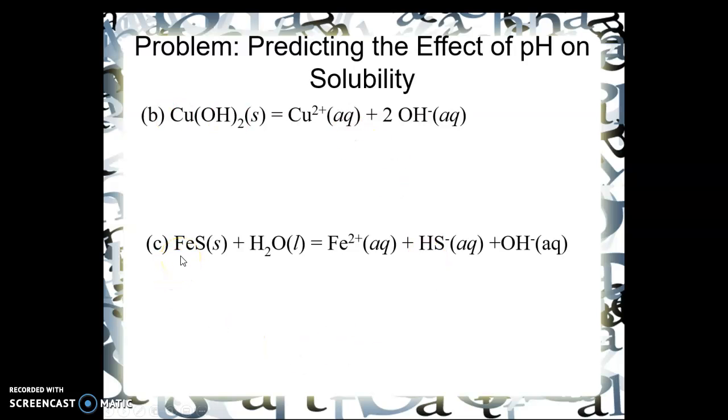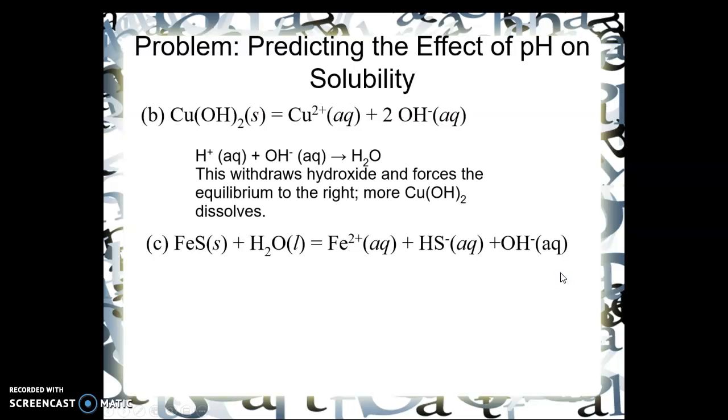Now let's look here. With iron 2 sulfide and water, you have the iron, of course, but you also have the hydrogen sulfide ion and the hydroxide ion. Now, if you add acid to this, it'll react with the hydroxide, yes, to get water. It'll also react with the HS- to make hydrogen sulfide, which is a poisonous gas. Stay away from that.